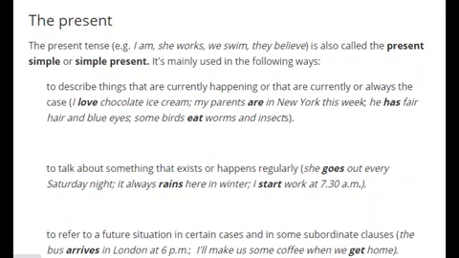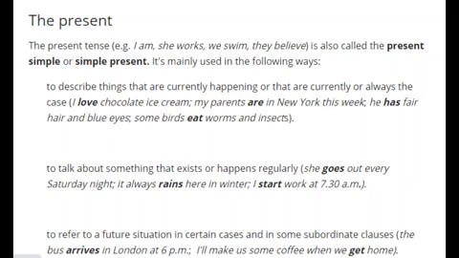He has fair hair and blue eyes. Some birds eat worms and insects. All these are present tense because in all these sentences you can see these bold words, love, are, has, eat. All these express the present tense.